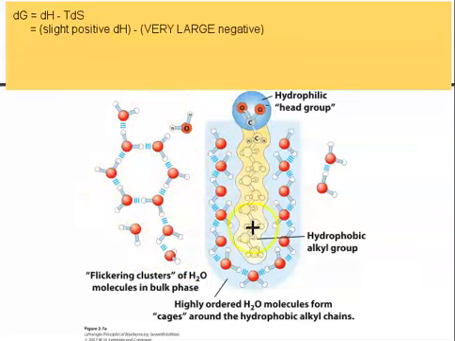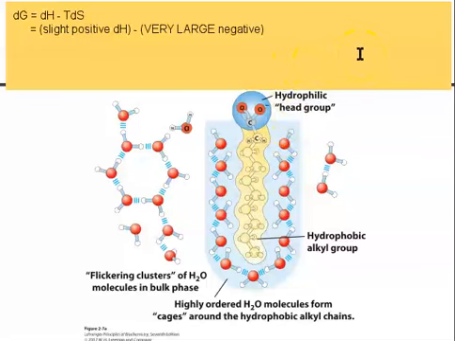When you insert something like a fatty acid, and that's what this would be, here's your aliphatic tail, and here's your polar head group. This is your carboxylic acid group. It's deprotonated, so it's really a carboxylate group. In this case, we're forming that highly ordered arrangement of water molecules, and this increase in order of the water molecules is causing the entropy to be a huge negative number.